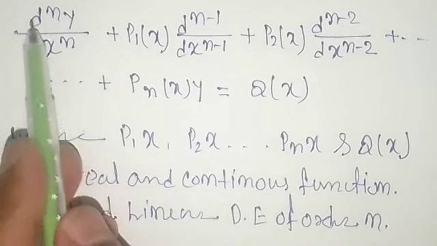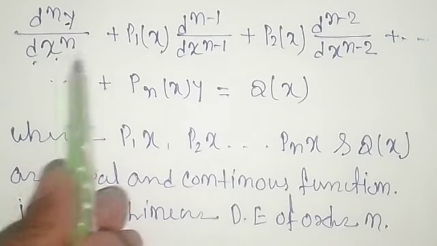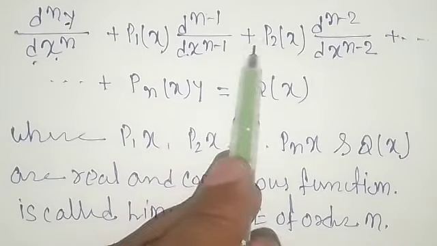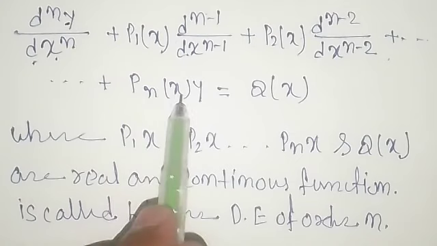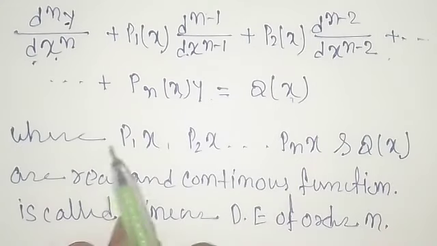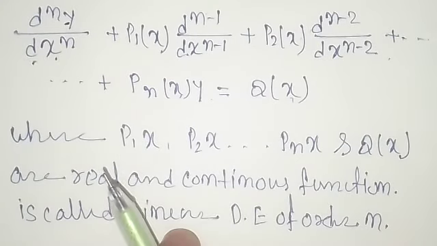So any equation in the form of d to the power n y by dx to the power n plus p1x d to the power n minus 1 y by dx to the power n minus 1 plus p2x d to the power n minus 2 y by dx to the power n minus 2 plus and so on plus pn of x y is equal to qx, in this form we call it a differential equation of order n.